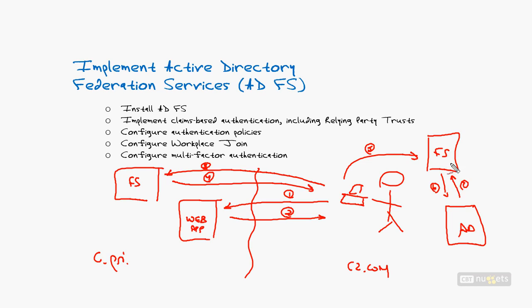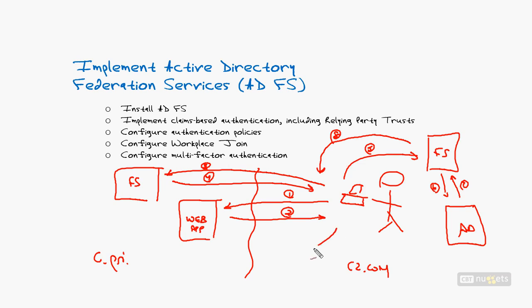When that happens, then the federation server goes back to the client and says, hey, you know what, client, here's number 8. Here's all the stuff that you need to do to ask the application or to tell the application that you are approved.